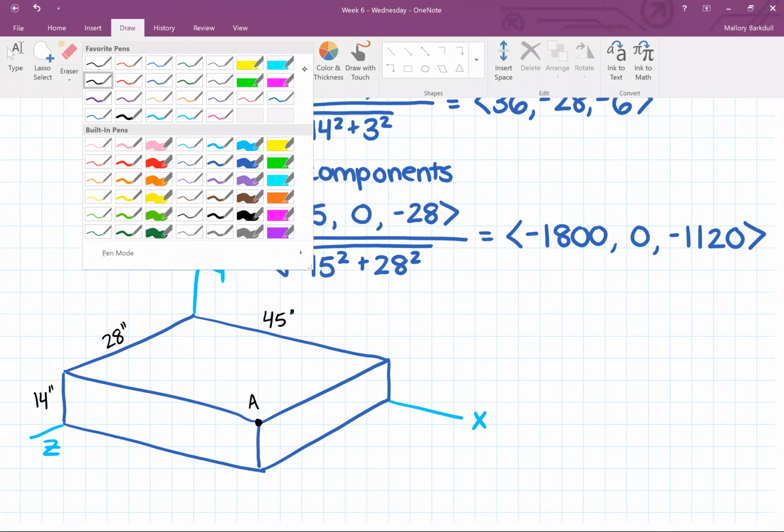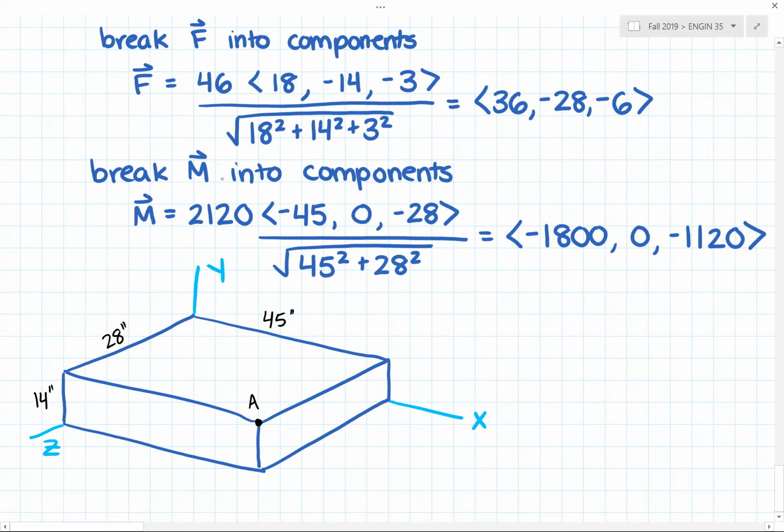So at A, we have an applied force that goes positive 36 in the x direction. It goes negative 28 in the y direction. I was reading the wrong thing, negative 28. And it goes negative 6 in the z direction. So that's what my applied force looks like, but I also have an applied moment here.